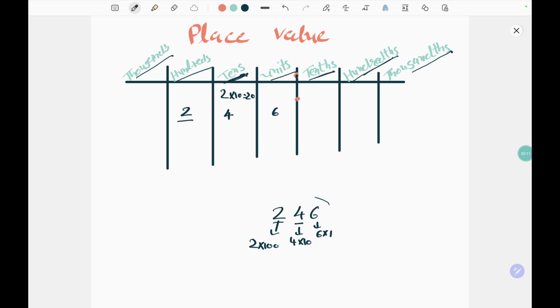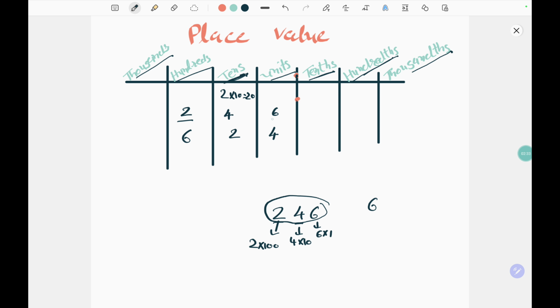But if I keep all three digits as they are, 2, 4, 6, but I change their places: I move the 6 from the units place to the hundreds place, the 4 I move to the units place, and the 2 I move to the tens place. So see, everyone's value is going to change now.